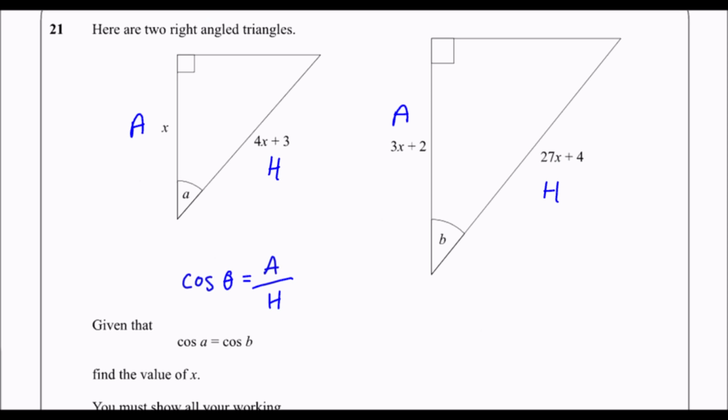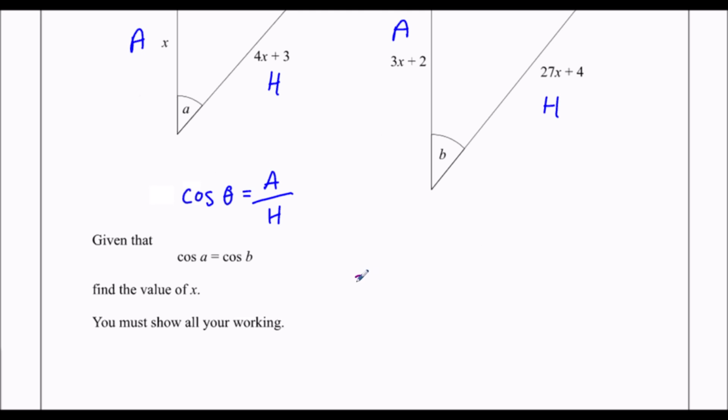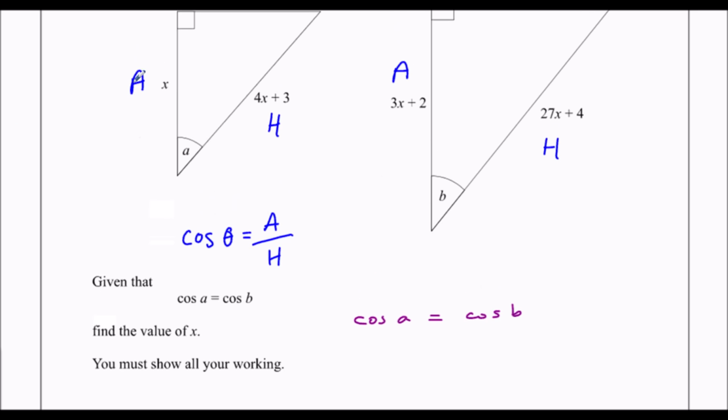So cos A equals cos B. Cos A is x over 4x plus 3. It's the adjacent over the hypotenuse. And cos B is 3x plus 2 over 27x plus 4. Again, adjacent over hypotenuse.